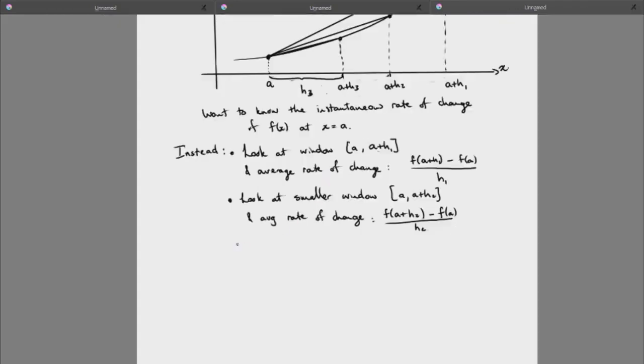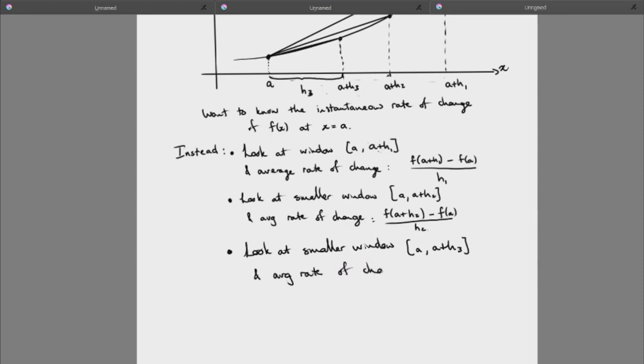Zoom out. So we can look at an even smaller window by decreasing the forward step h. And again, it's an average calculation, which I need. It's the only thing I can do. I have a window.